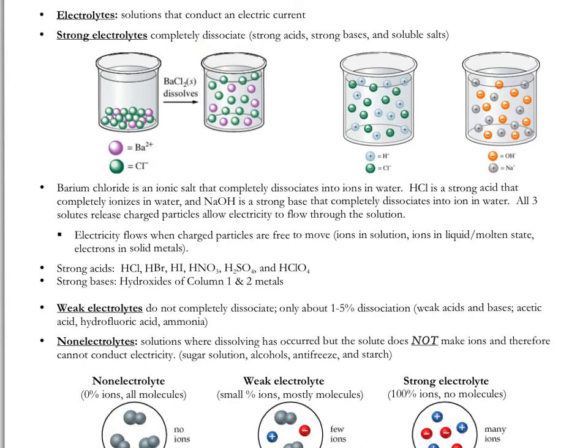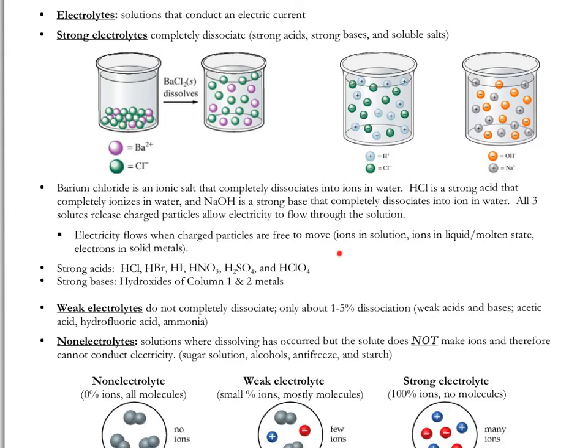So the electricity is flowing here because those ions are able to move around. They're not stuck to each other as a solid or stuck to each other as a gas or a liquid. Down at the bottom here, they're moving throughout the liquid. The electricity is flowing because these particles are moving and allowing that charge to flow with them.